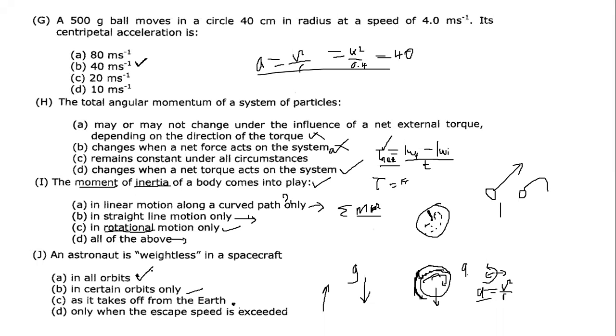The reason why astronauts in the satellites up there, just outside the Earth's atmosphere, feel weightless is because that satellite has been projected at a certain velocity, such that if you take that velocity squared divided by the radius from the center of the Earth to that point, that acceleration will equal 9.8 meters per second squared. That is only when you can feel weightless. So you can feel weightless in all orbits.